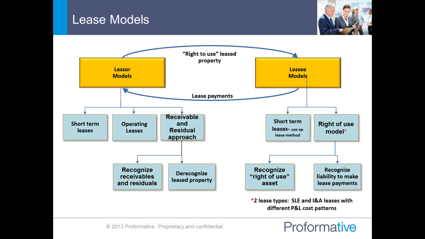So under current rules, either you have a capital lease where the lessee owns the asset and has it on balance sheet, and the lessor accounts for the lease as a financing, or you have an operating lease where the lessor owns the asset, has it on its books, and records rents as income and residual income as income.